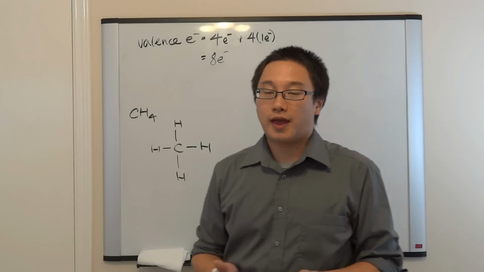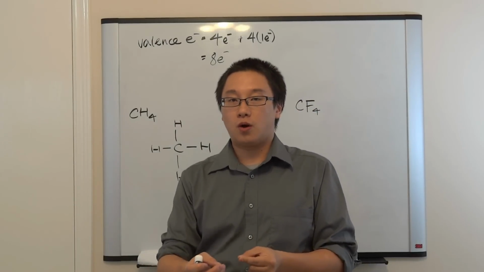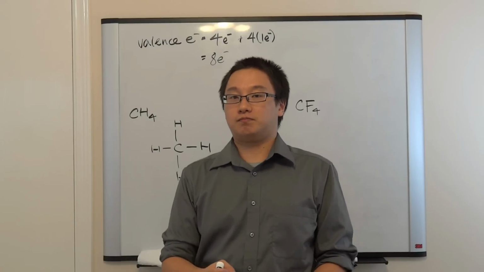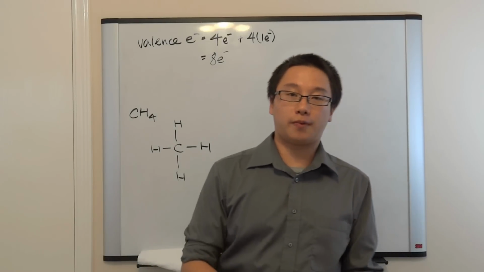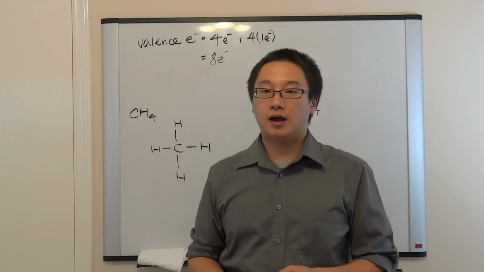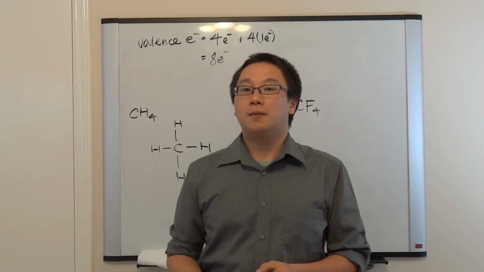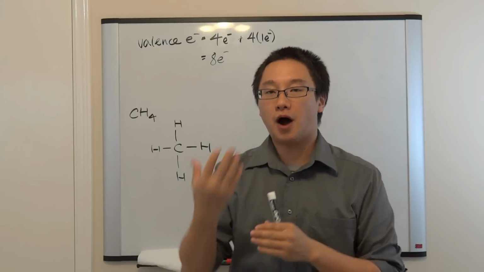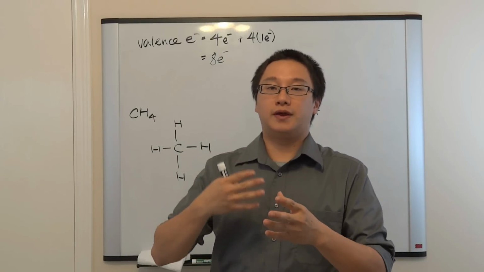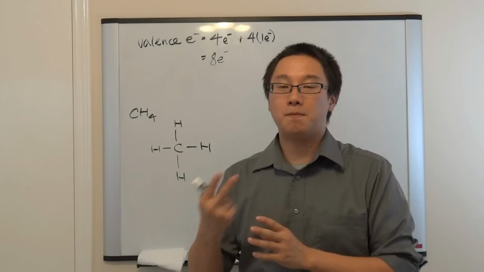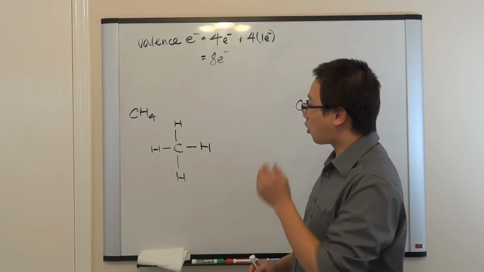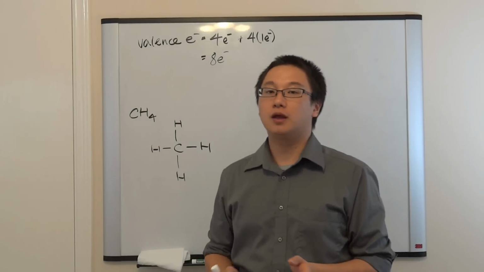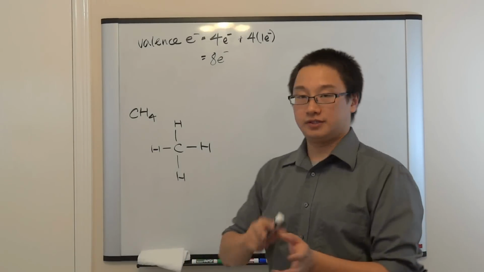Now, students would ask, how do we know which one is the central atom? Is it hydrogen or is it carbon? Frankly speaking, it has to do with experience. But another way to think about this is the number of bonds that an atom could make. Carbon and hydrogen are a very good example to show that carbon has to be the central atom.